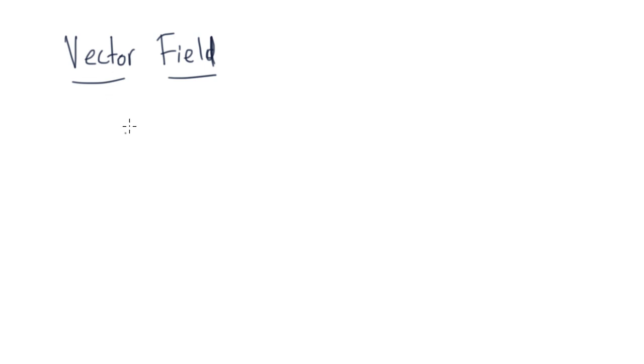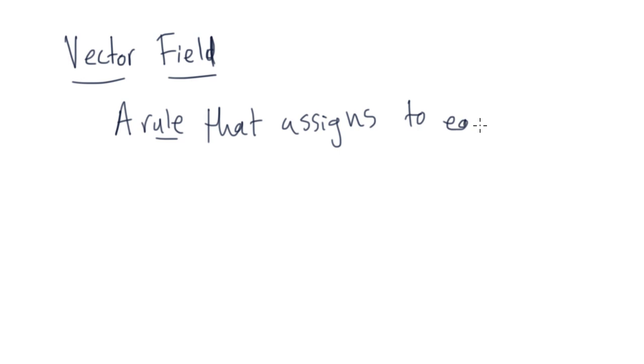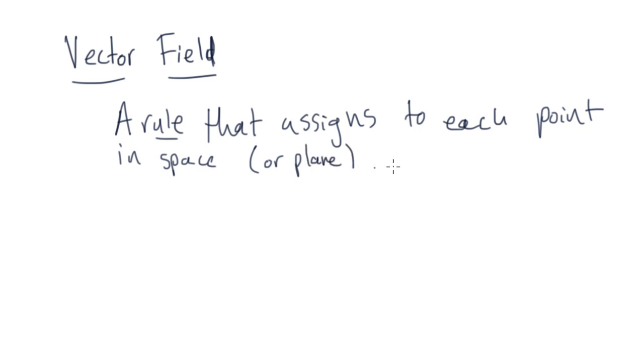So in layman's terms, a vector field is a rule or a function that assigns to each point in space, or we can have a similar definition in the plane, a vector.